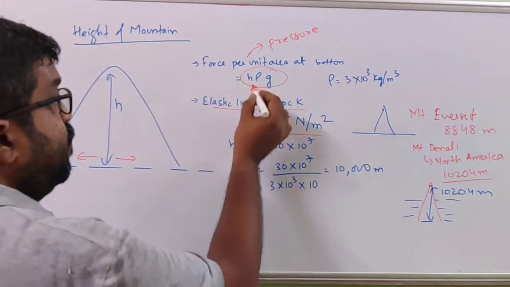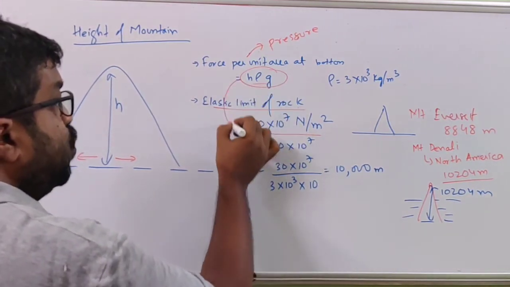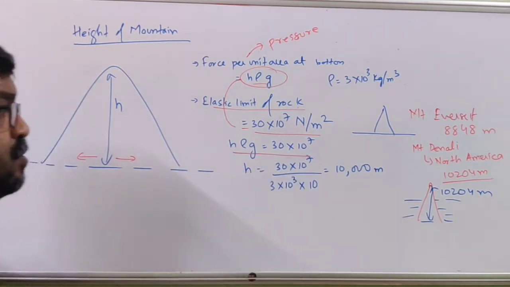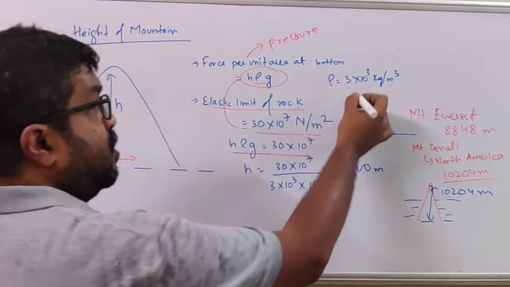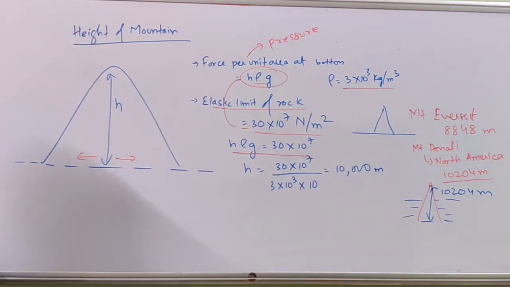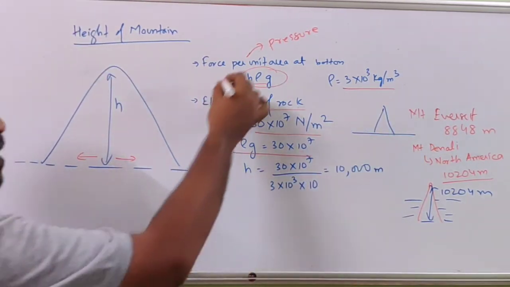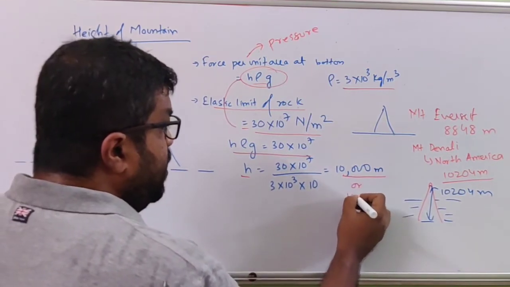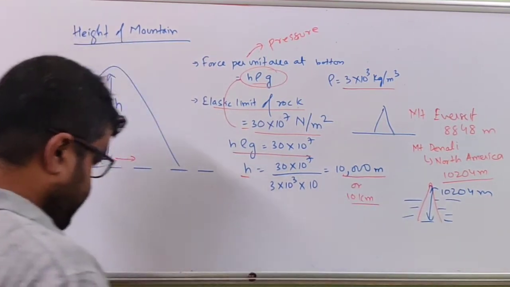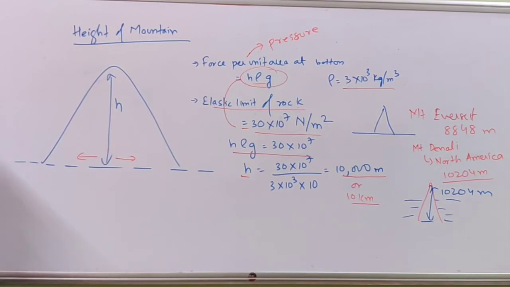If we equate these two quantities, we have h rho g equal to 30 into 10 power 7. Now rho is the density of rock, that is 3 into 10 power 3 kg per meter cube. Simplifying this, we get h equal to 10,000 meter, or 10 kilometer. So this is the maximum possible height of a mountain.